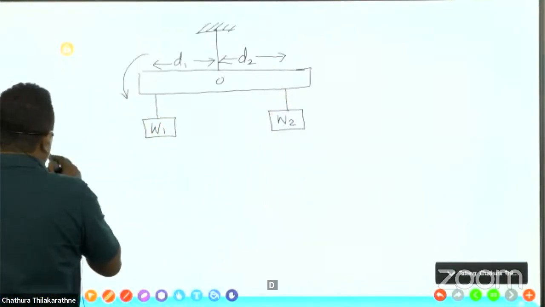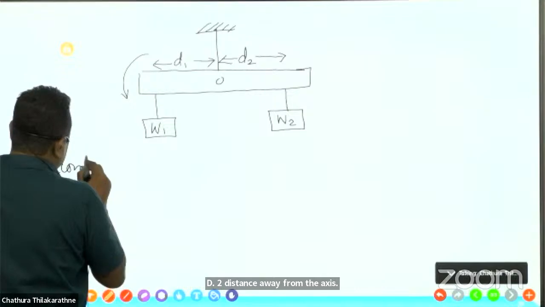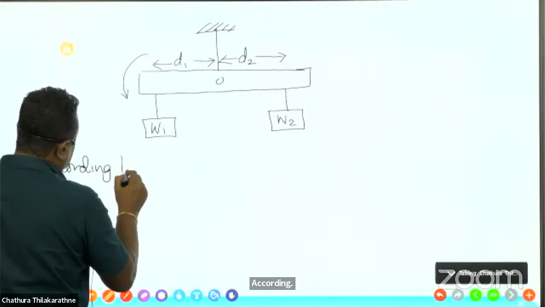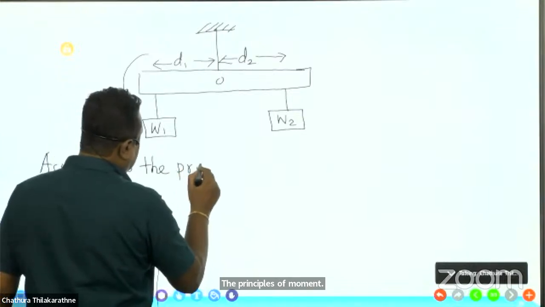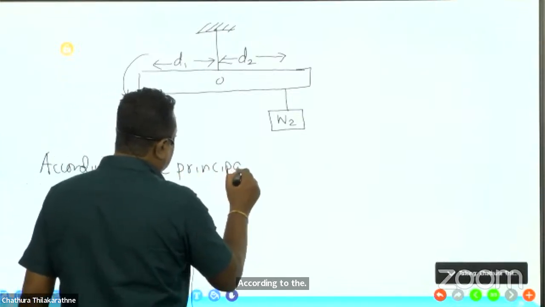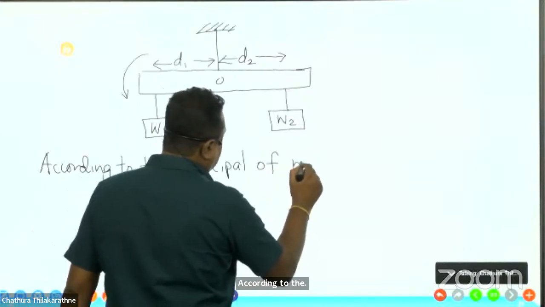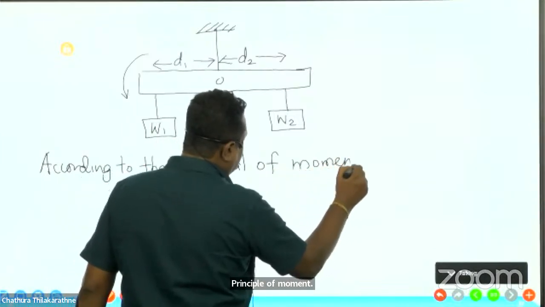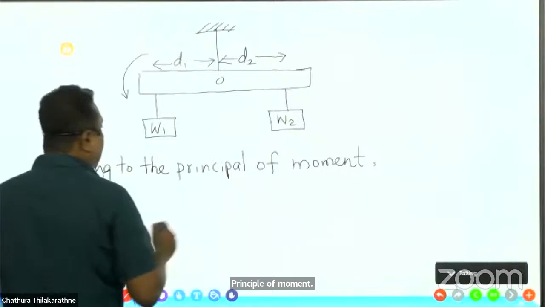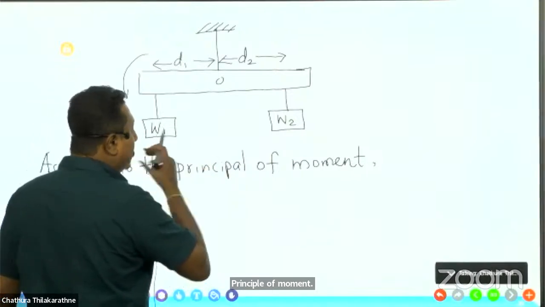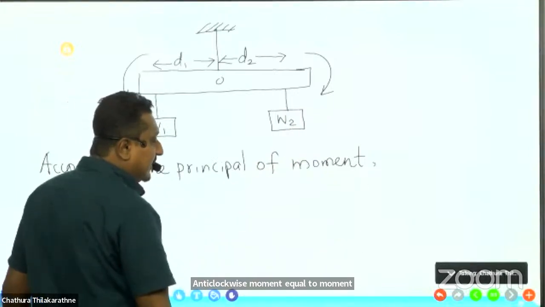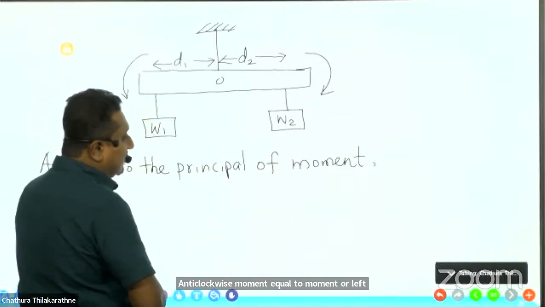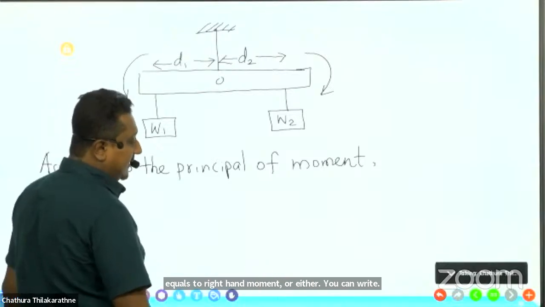According to the principle of moment, anti-clockwise moment equals clockwise moment, or left-hand moment equals right-hand moment, or you can write clockwise moment equals anti-clockwise moment. Any.